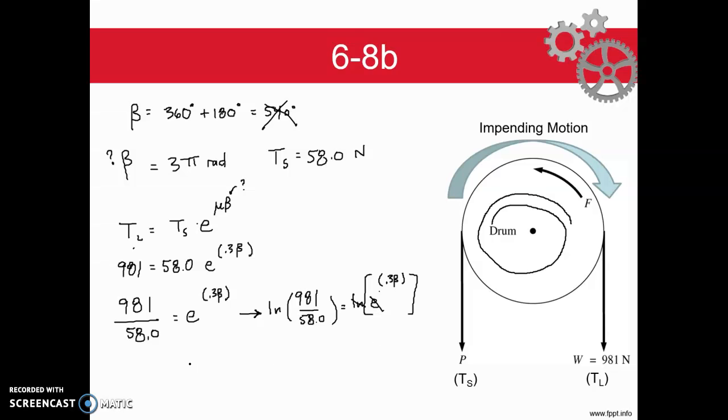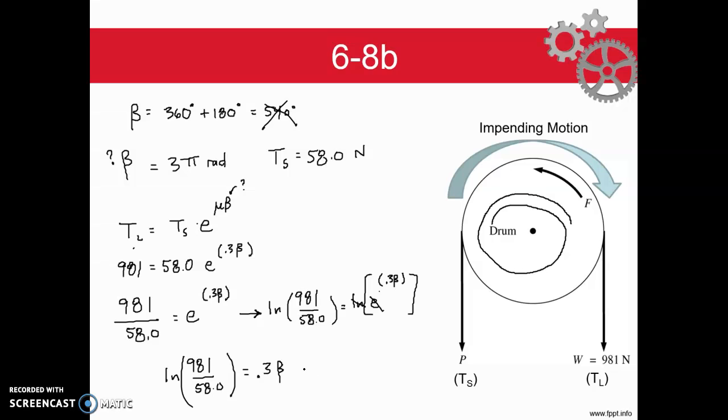And so then what we're left with is the natural log of 981 over 58 is going to be equal to, these things cancel out, and all I'm left with on the right side is 0.3 beta.